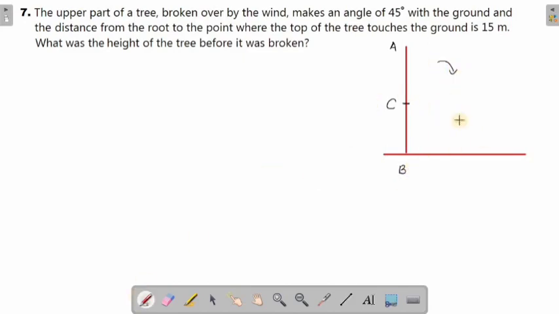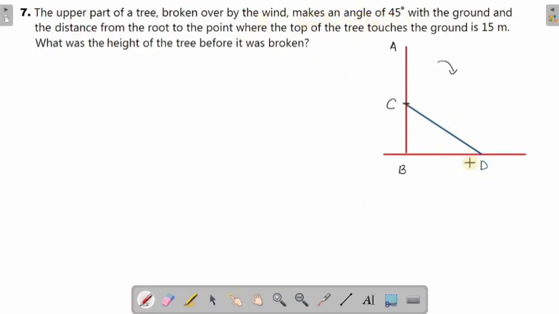Okay, so when it falls, obviously it makes what kind of triangle? It makes a right angle triangle, isn't it? So let's say it makes this kind of triangle. Now let me take this point to be point A, B, C is written, so let me write this point to be point D. Now the question is saying it makes 45 degree.